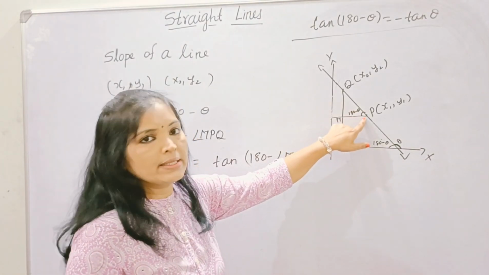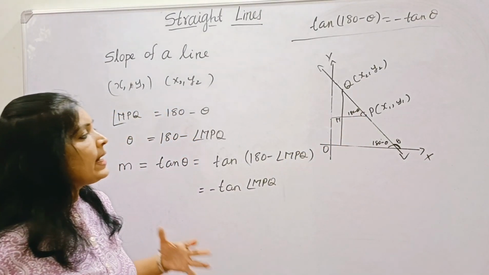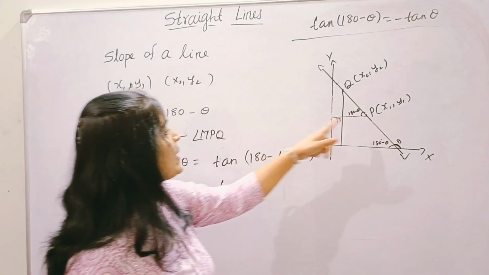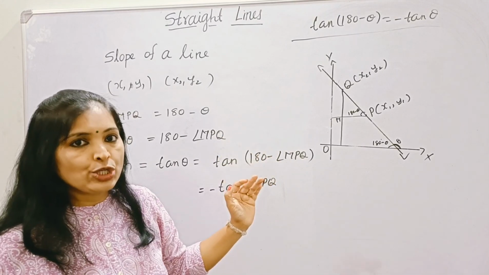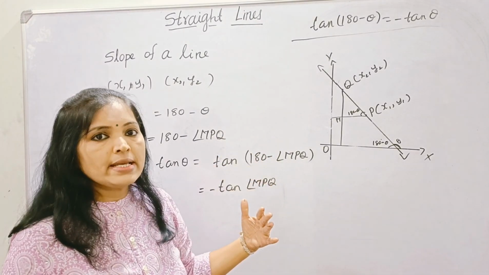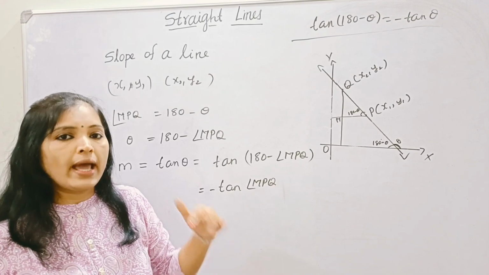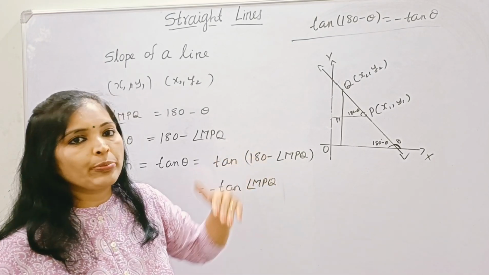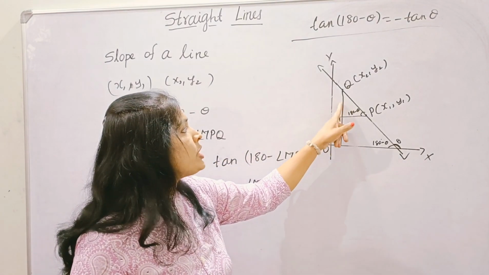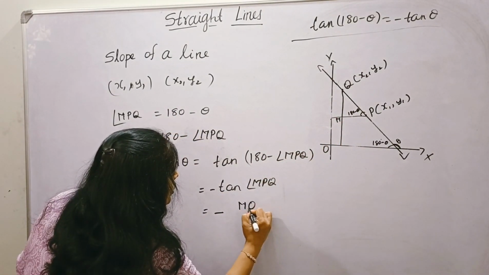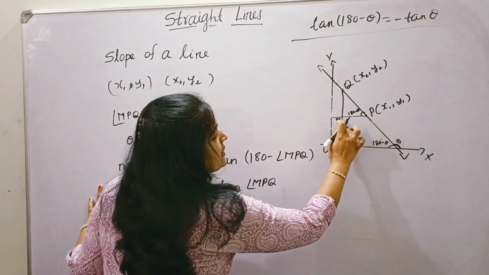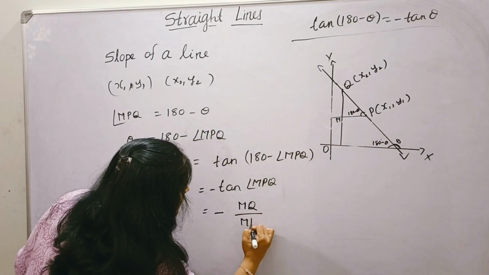Angle MPQ is this one. So what is tan of angle MPQ? Here let us apply a trigonometric ratio. In a right angle triangle, tan theta is opposite side divided by adjacent side. Here the opposite side is MQ, so minus MQ divided by the adjacent side MP.